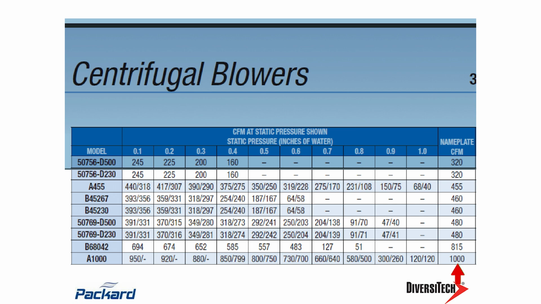So if you go into the wholesaler and you want a 1,000 CFM blower, that may be what they give you. But more than likely, if you need 1,000 CFM in your application, and if you put that blower in there, you're not going to get 1,000 CFM.